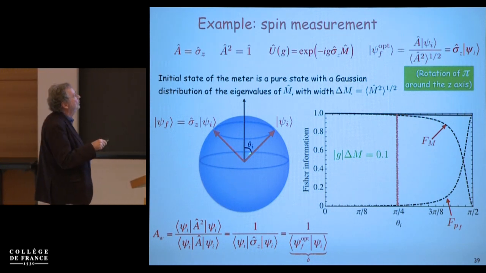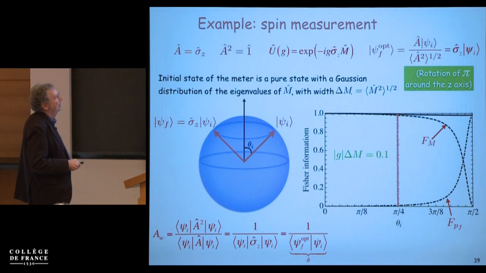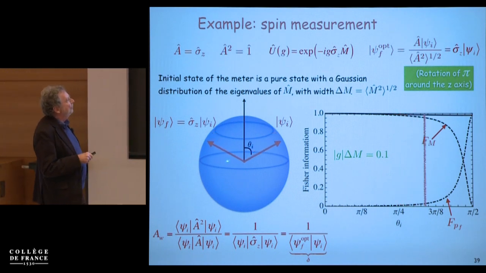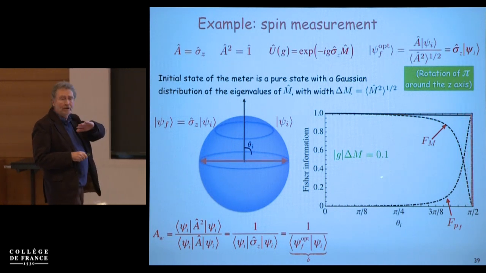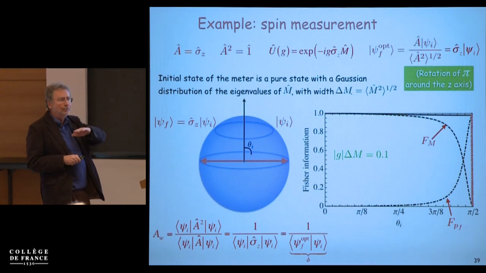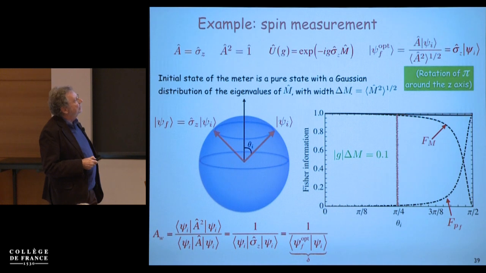So we start from this position here, which corresponds to this angle. And now I'm going to increase this angle, but at the same time keep always psi f as sigma z times psi I. So here we are increasing. This is becoming orthogonal. And you see that the Fisher information gets transformed, not the total one, but the terms that contribute to it. Initially, it is the meter Fisher information that contributes the most.